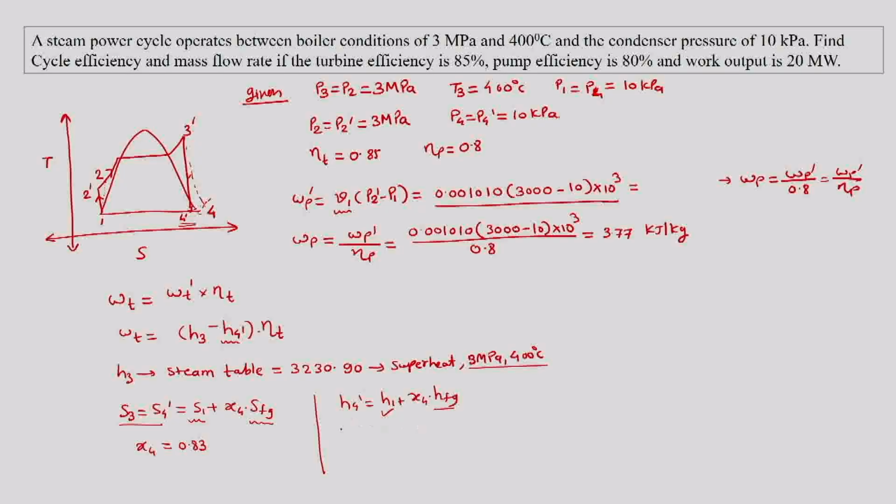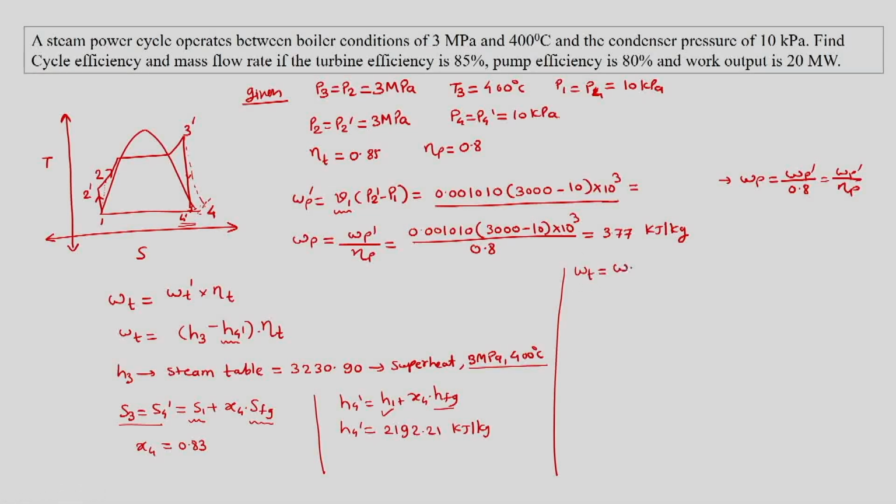Having said this, we can find out H4 dash from all these known numbers, and it turns out to be 2192.21 kilojoule per kg.